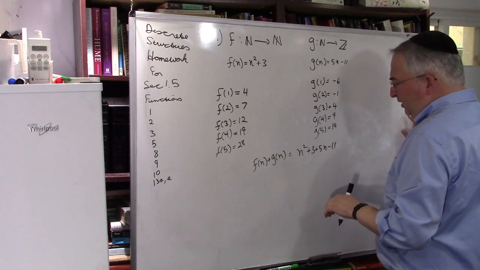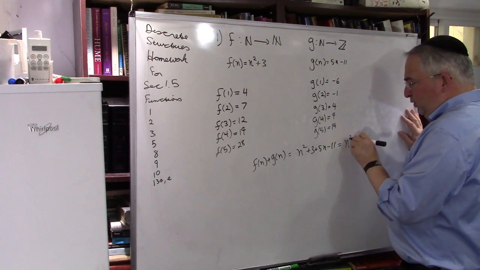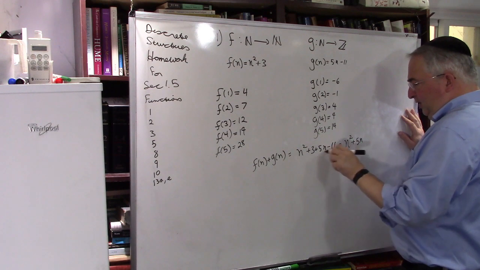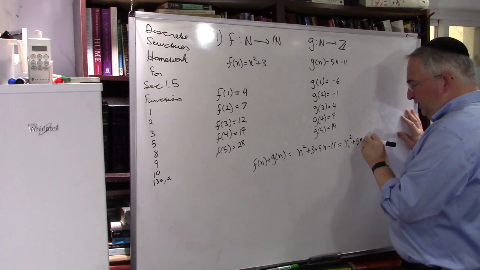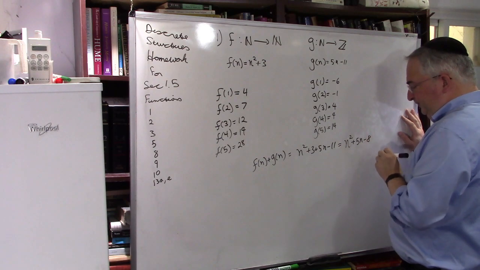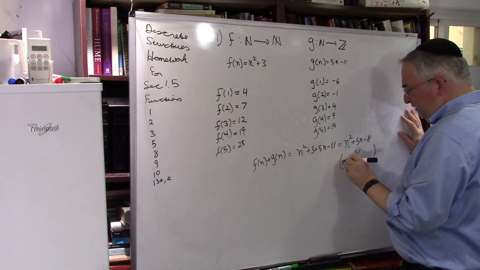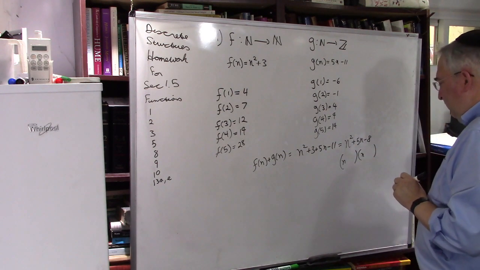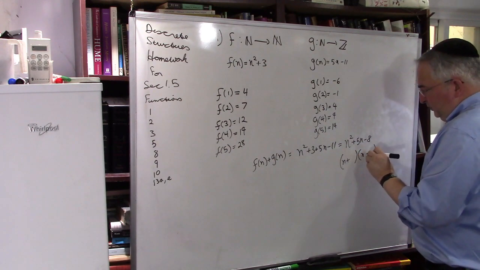Okay, so this is equal to n squared plus 5n, and that's going to be minus 8. Okay, can we factor that? That's n times n is n squared. Minus 8, one's going to be plus, and one's going to be minus.